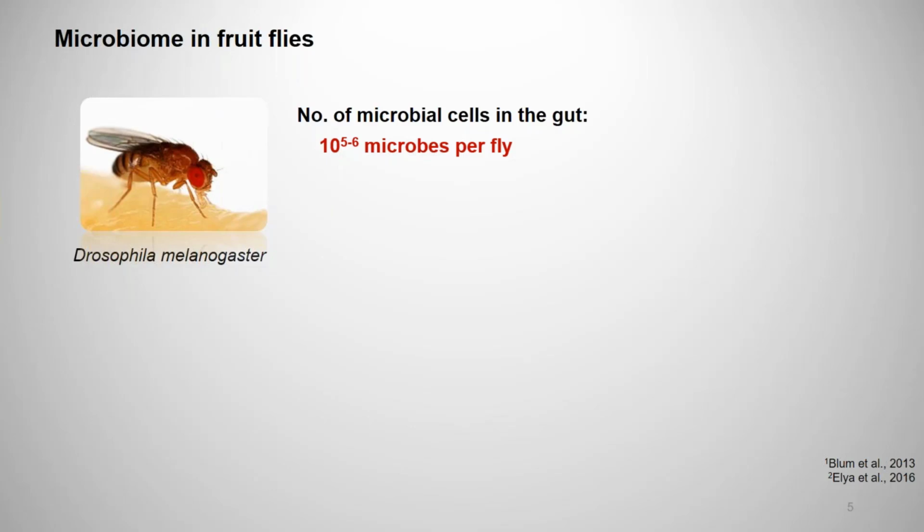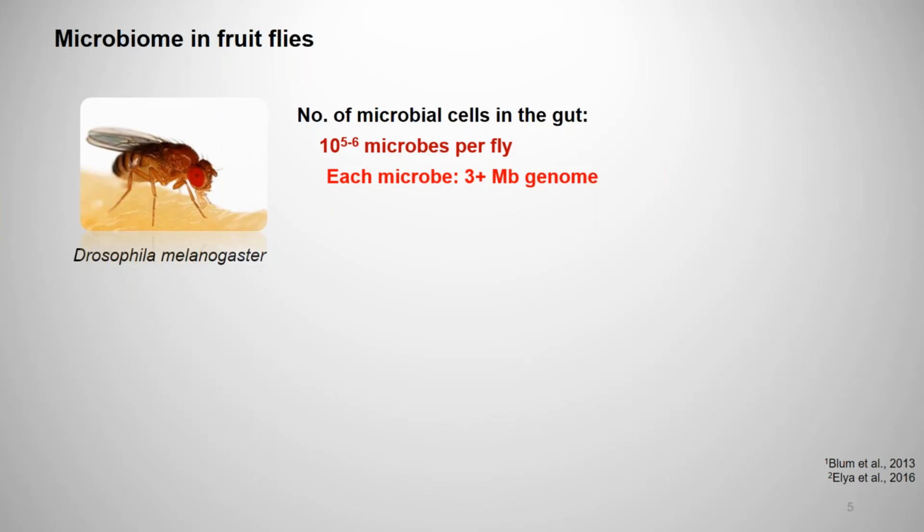Many of these microbes are bacteria, but they also carry some fungi, and many of them are located in the gut of the flies. We have sequenced the genomes of many of these microbes, and the size of the genomes is somewhere in the range of 3 megabases or bigger.